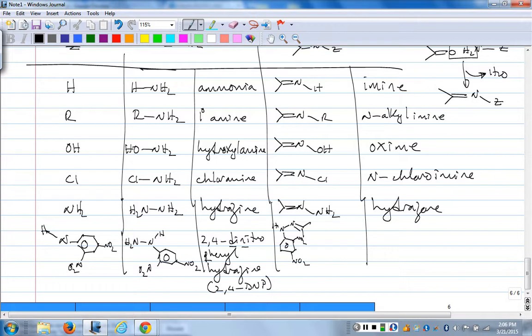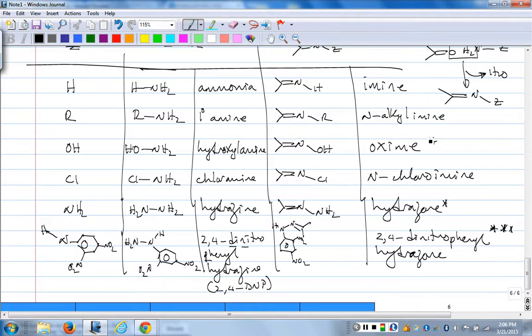This is called a 2,4-dinitrophenylhydrazone. And I'm going to put asterisks on really these two compounds, and really these three, but mostly this one.